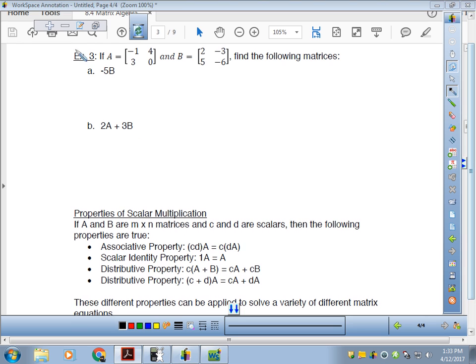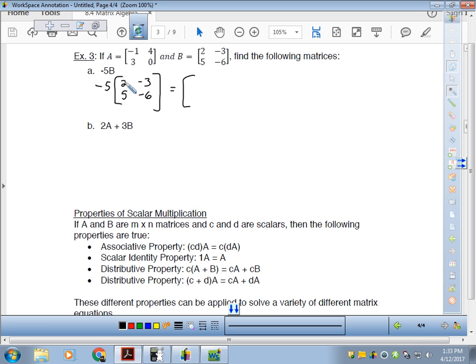In example 3 here, it says if matrix A is negative 1, 4, 3, 0, and matrix B is 2, negative 3, 5, negative 6, find the following matrices. We have, first off, negative 5B, which means I have negative 5 times this B matrix, 2, negative 3, 5, negative 6. This negative 5 is a scalar, so it multiplies to everything in the matrix.